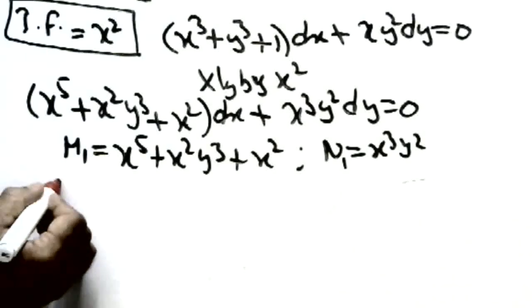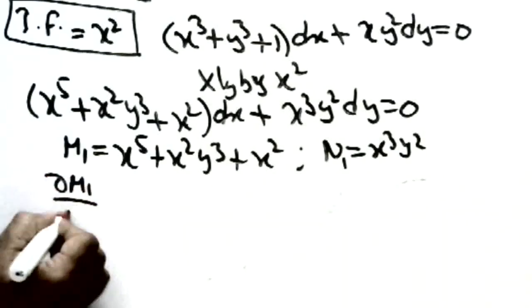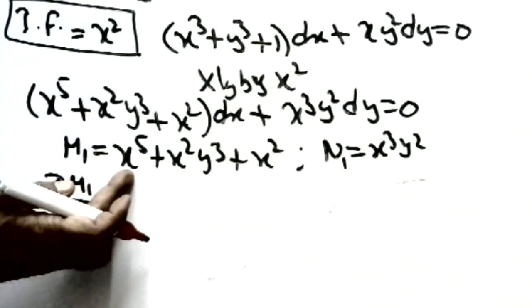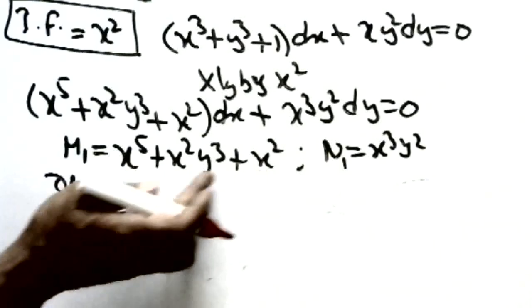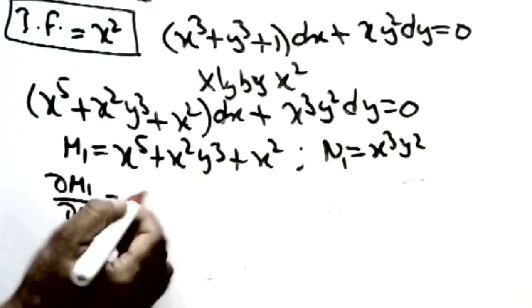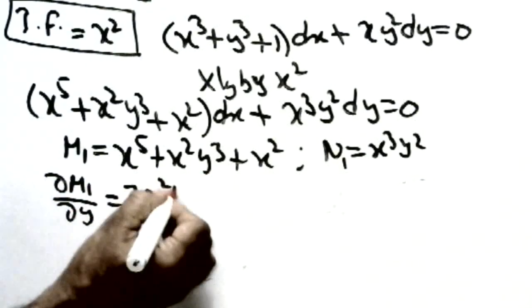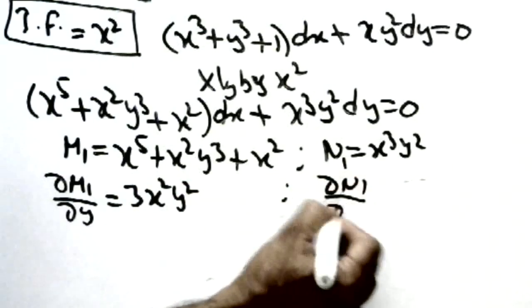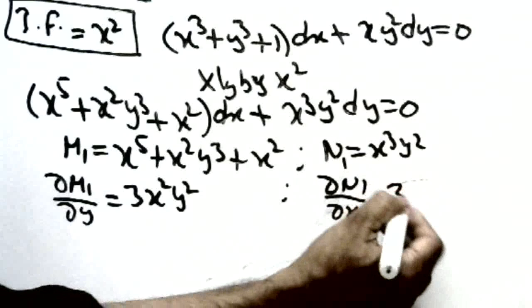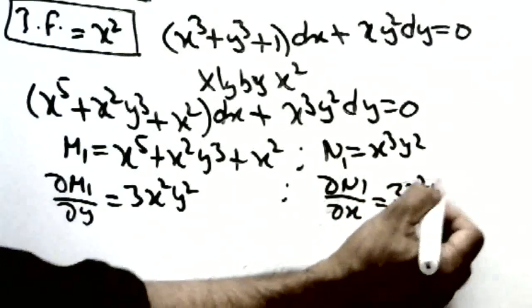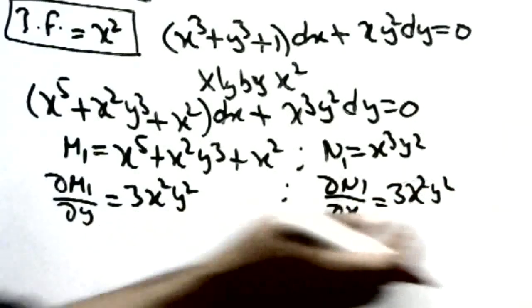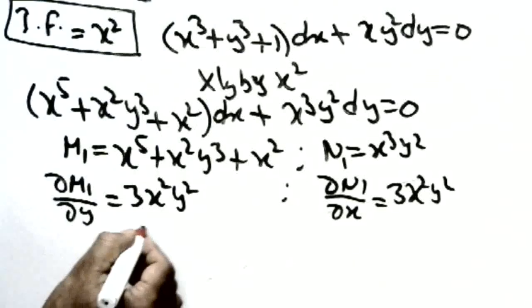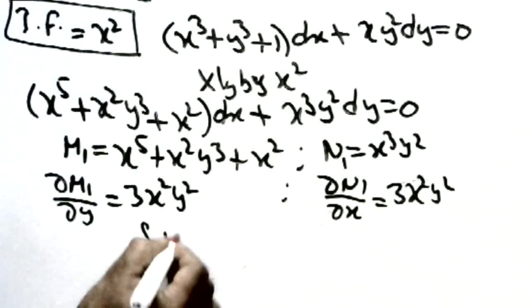Let me see whether it is exact or not. ∂M1/∂y, with respect to y, we don't have y here, 0. Y cube will be 3y square, so this will be 3x square y square. ∂N1/∂x, x cube will be 3x square, so 3x square y square. You see, we got equal values, therefore it is exact.